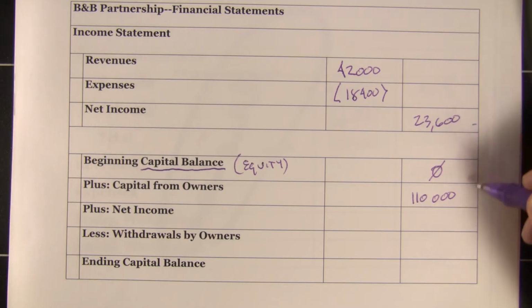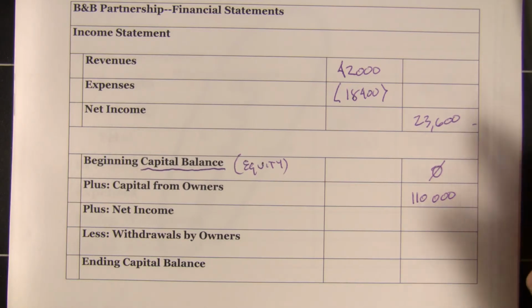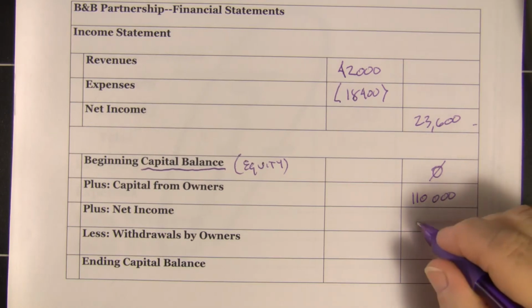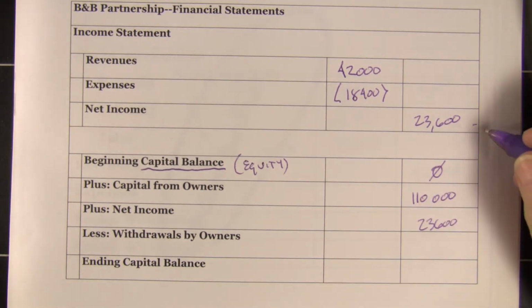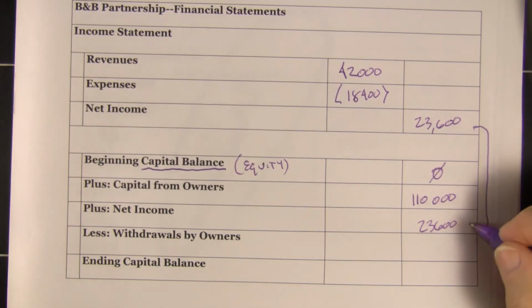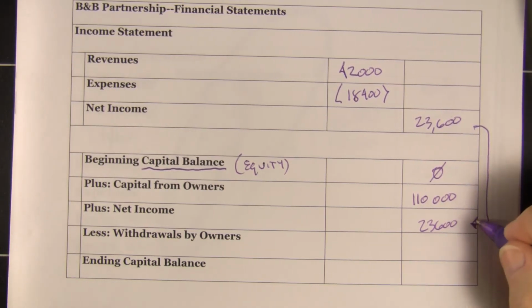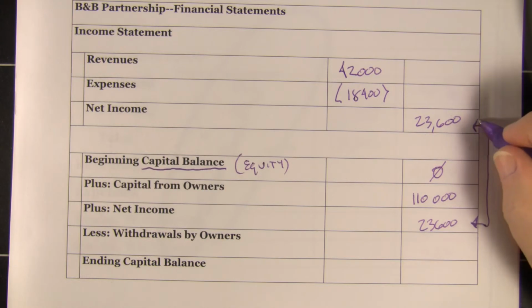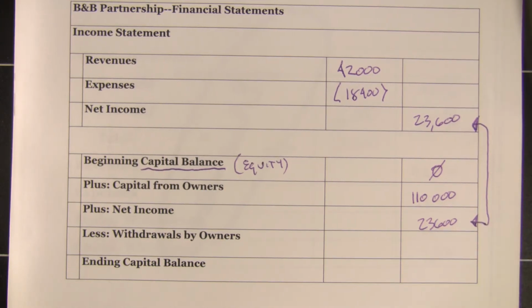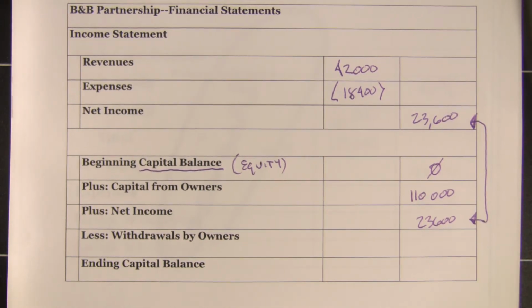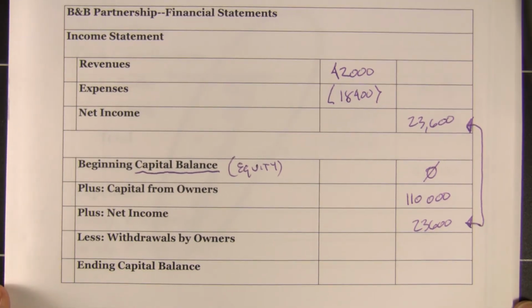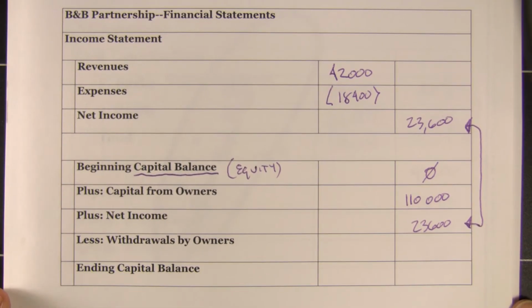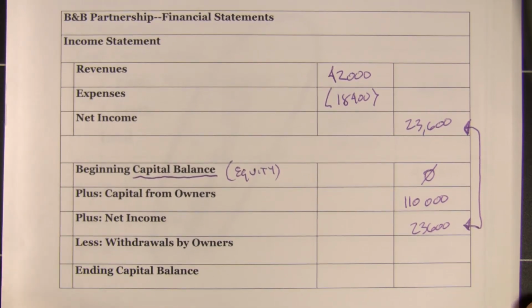The net income, just like it was in corporations, goes to retained earnings. We don't have retained earnings. We have capital balance. So we add the net income, $23,600. Just exactly the same as we did with a corporation, minus the withdrawals by owners, which prior to this, when we were talking about corporations, we talked about dividends.